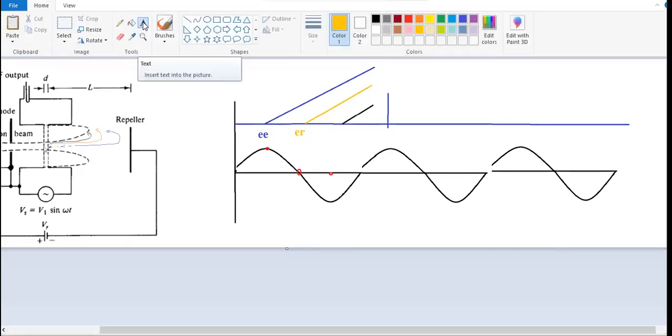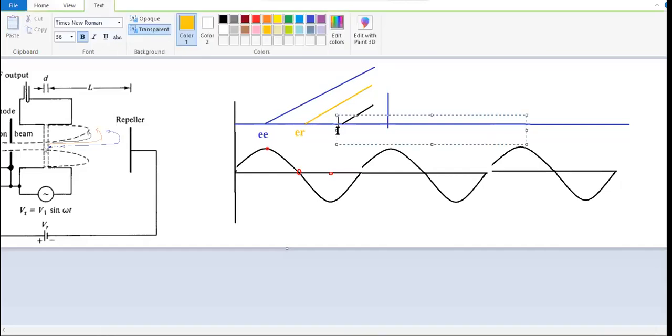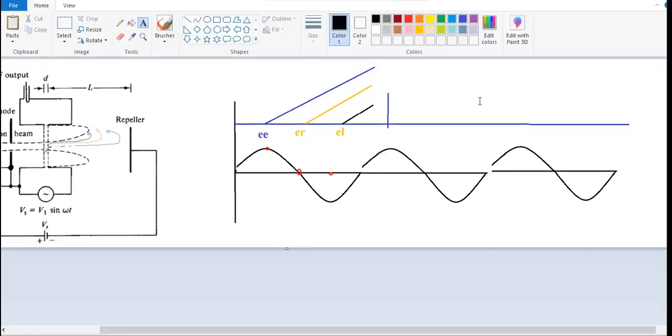And the third electron is the electron with a negative of the cycle. So it is called the late electron. Okay. So this is EL, late electron. Now these three electrons, they will travel and at this position.